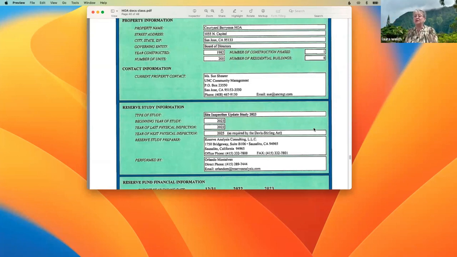So I went back to the agent and said, we're missing the last 6 months of the HOA meeting minutes. What's going on? You've got to find out. Well, we got the minutes for the meetings, and they were talking about a $50,000 assessment per unit.